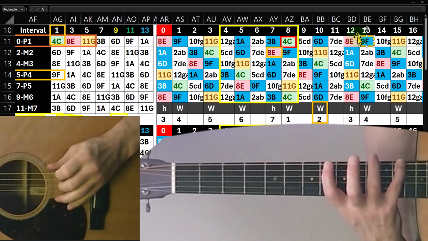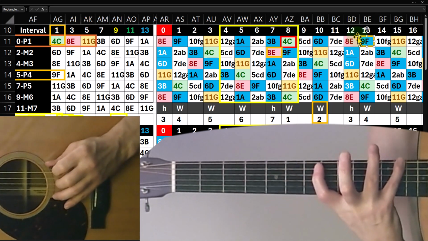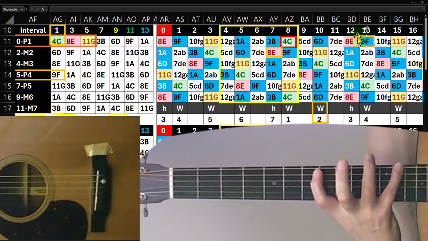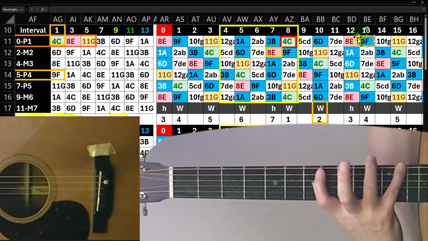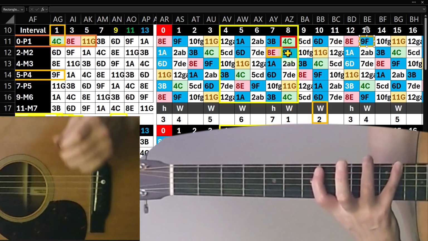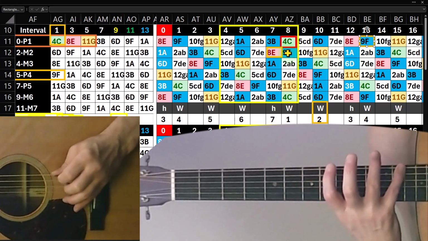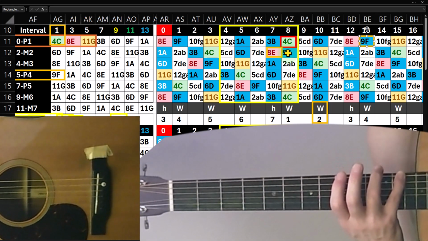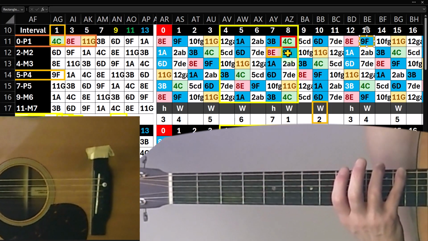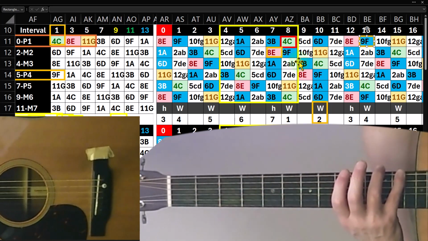So in other words, if I went from this F to this E, that would be an interval of 11 notes away, which would be a major 7 from the perspective of the F. But from the perspective of the E, bottom to top, it would be one note away, which you can call a minor second or a half step. It's a half step away.